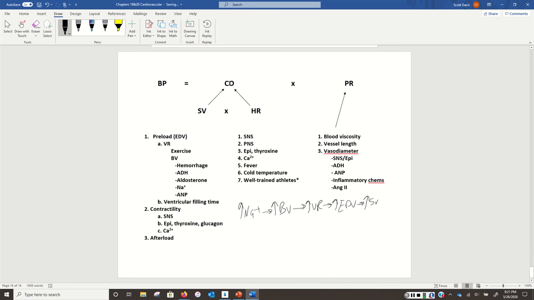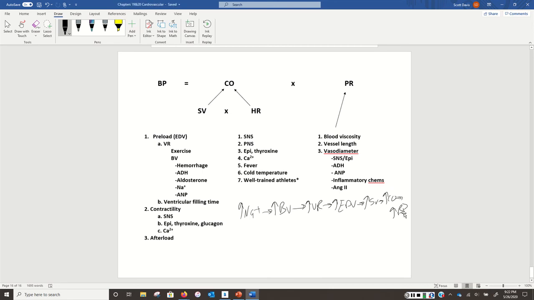Next level, cardiac output. Increased cardiac output is one of two ways to affect blood pressure. So that's what our flow chart would look like. Increased sodium leads to increased blood volume, leads to increased venous return, leads to increased EDV, leads to increased stroke volume, leads to increased cardiac output, leads to increased blood pressure.